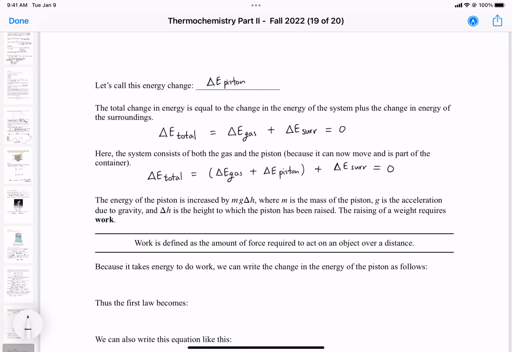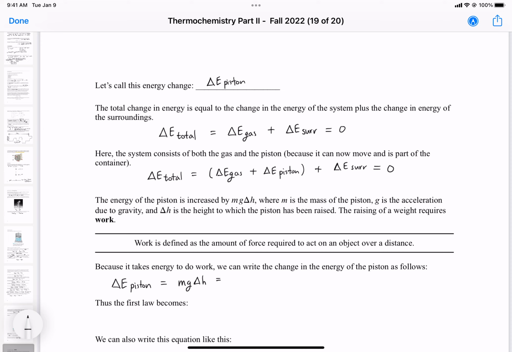We could say delta energy of the piston equals mg delta h.